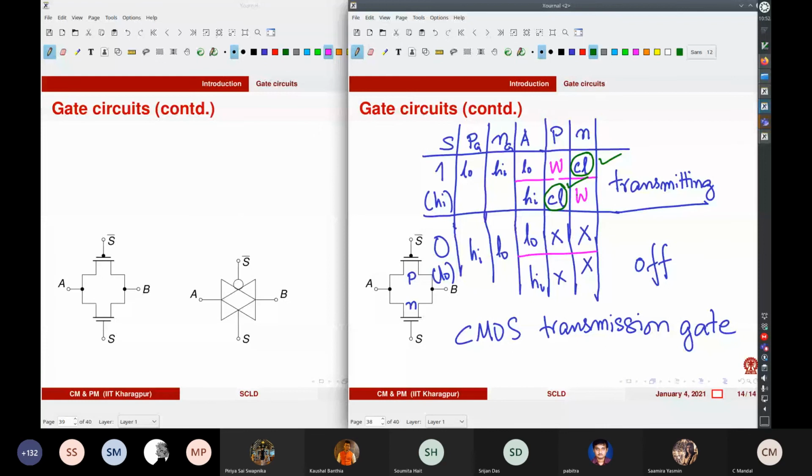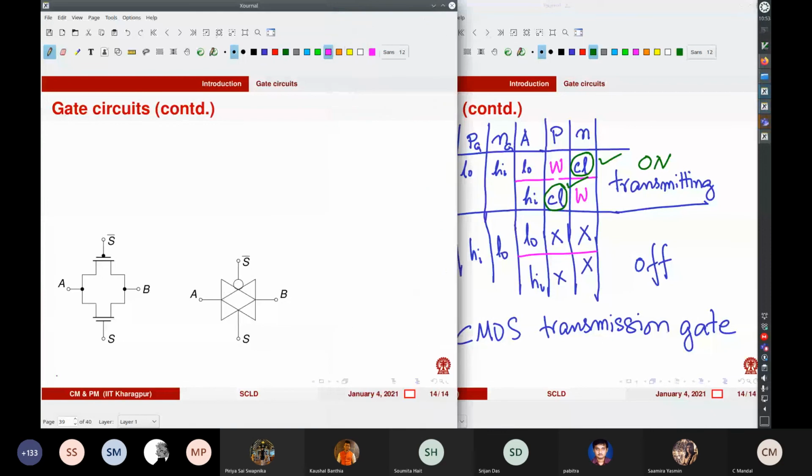But in this case, in all cases, there is no transmission. So when S is low, this gate is off, like a switch turned off. In this case, the switch is turned on; it is transmitting. And this is the symbol you use for the CMOS transmission gate.